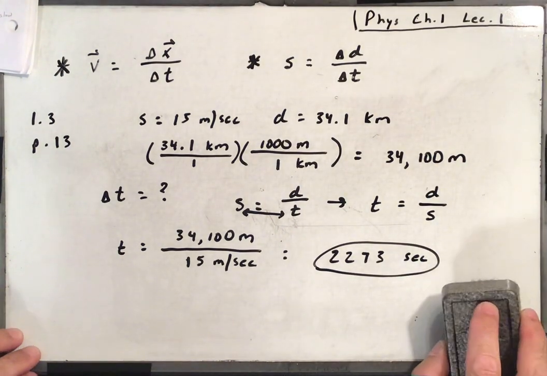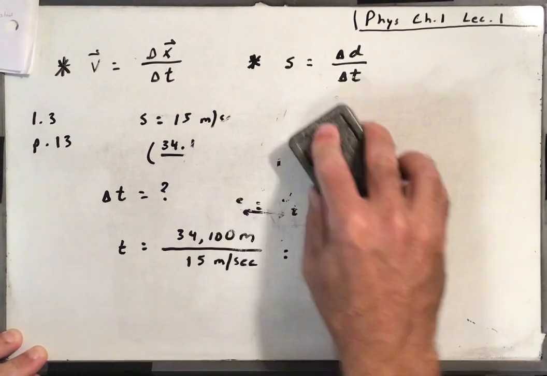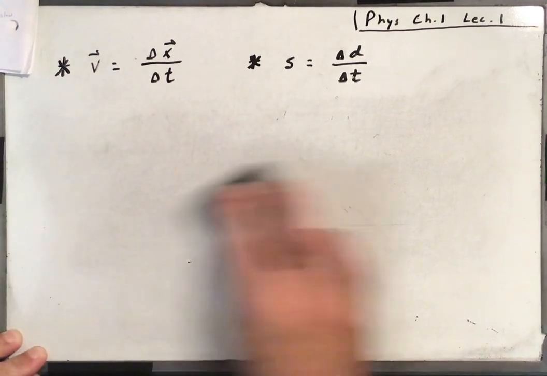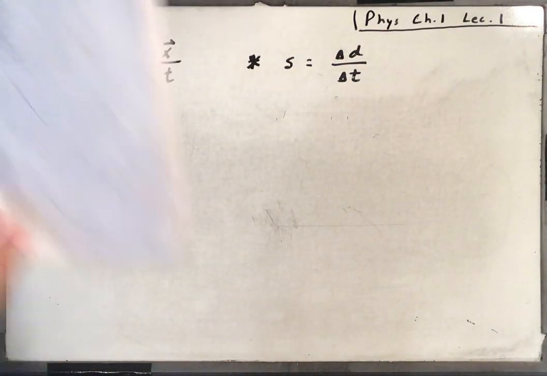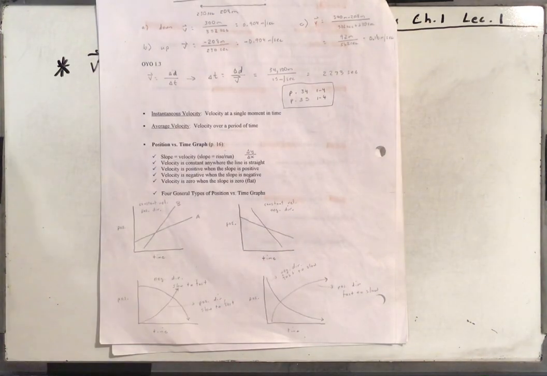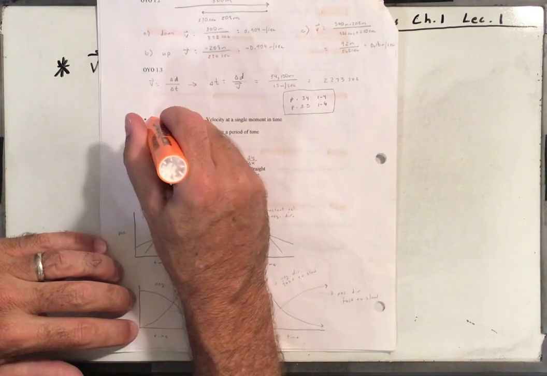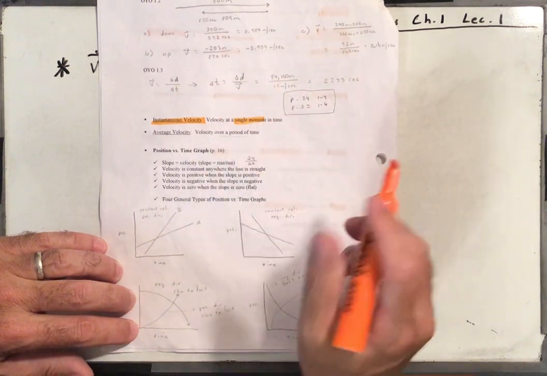Pause video if you need to, and we'll keep on moving through the notes. Okay, so let's go with a few more terms here. Instantaneous velocity is velocity at a single moment in time.